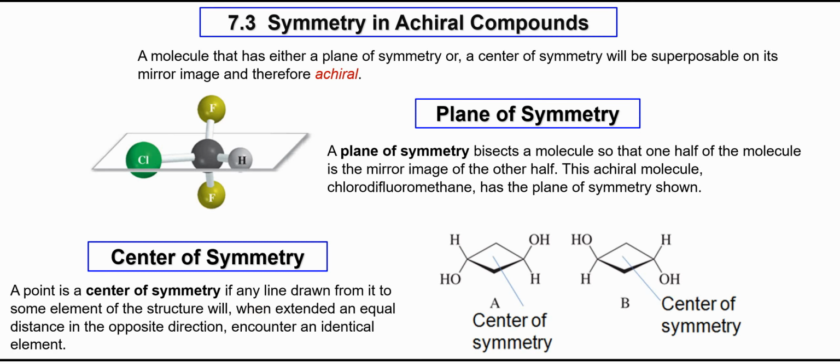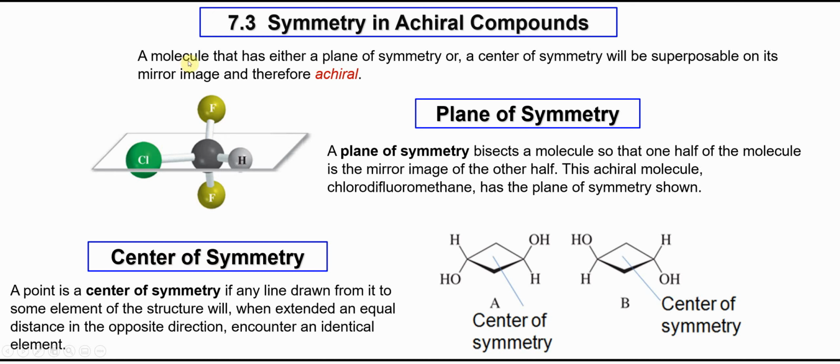In achiral molecules, the non-chiral compounds, usually you can find two important symmetries. One is called the plane of symmetry, another one is called the center of symmetry.